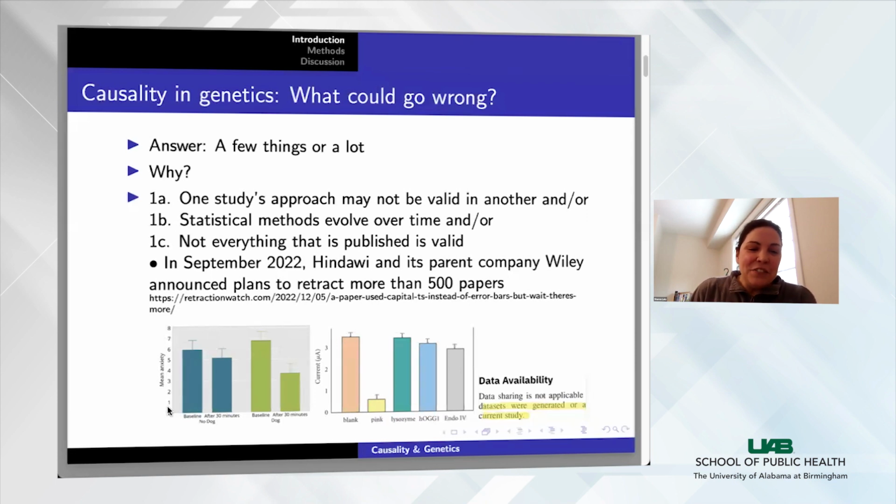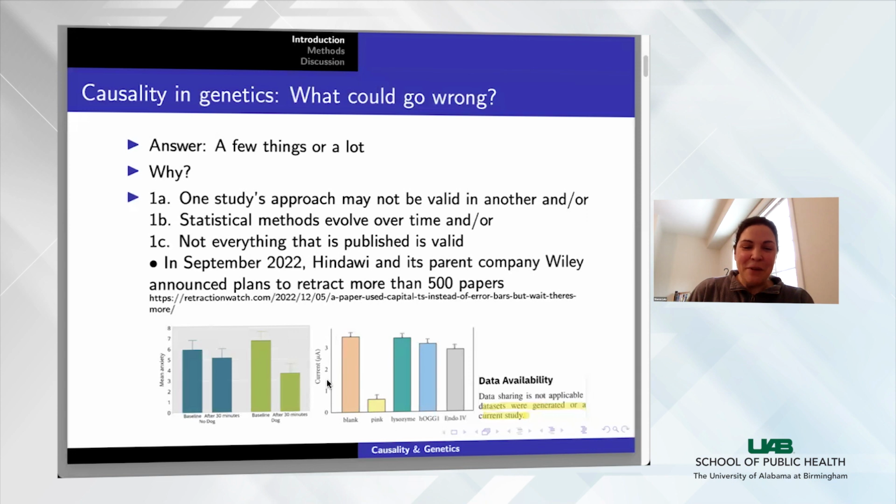If you look at the plot on the left, this is your standard box plot, and the error bars look reasonably normal. The paper that got all of this press involves the graph on the right. And if you look carefully at the error bars on the graph on the right, they look a little different. They're actually a capital T copied and pasted over every error bar. They're not actually the real error bars.